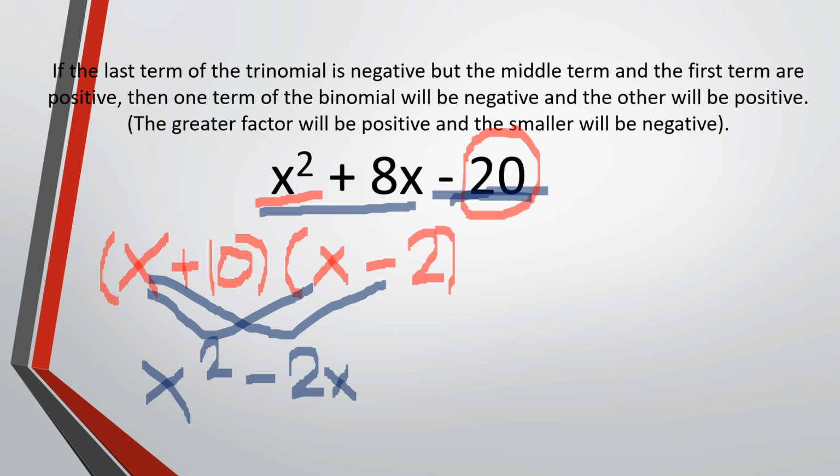If you multiply positive 10 by positive x, the answer is positive 10x. If you multiply positive 10 by negative 2, the answer is negative 20.